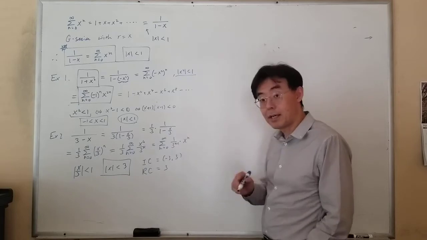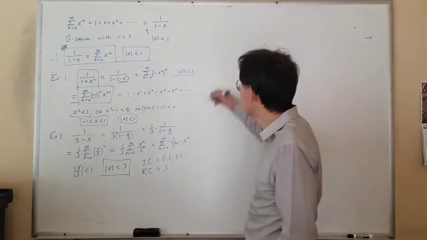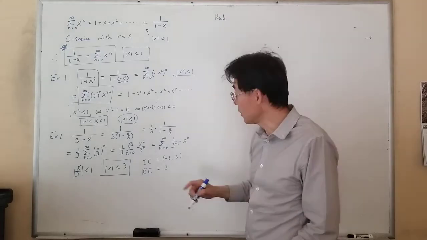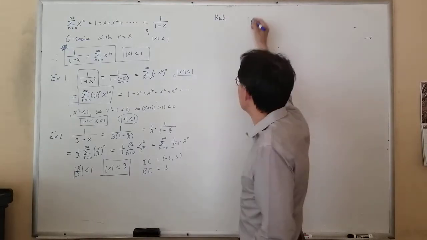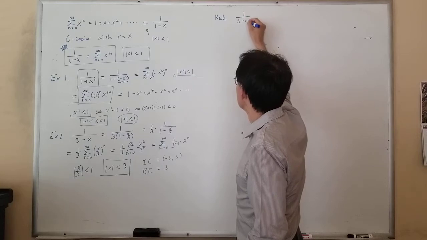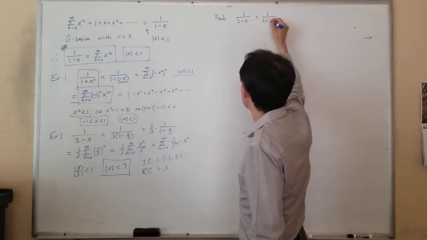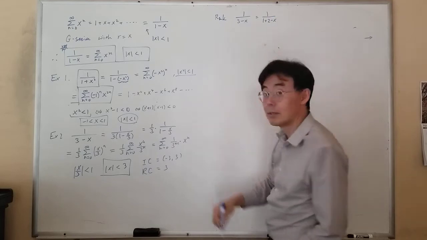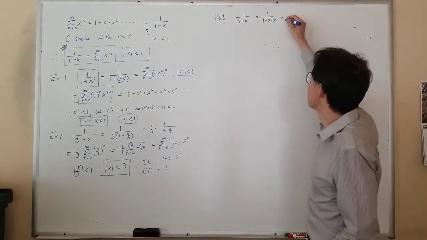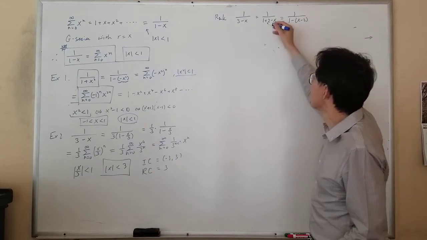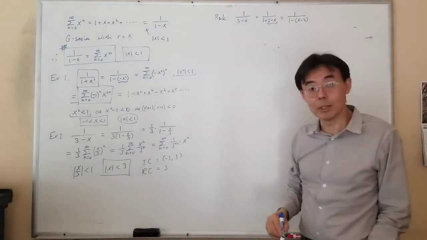Now, in this case, it's not the only way you can find the power series representation. What if we do this? 1 minus something. I can write this as 1 plus 2 minus x, and then write it as 1 minus x minus 2, taking out negative 1.